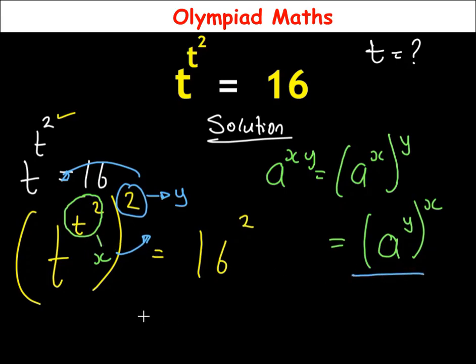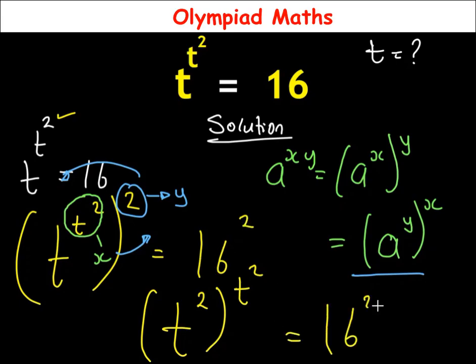So that will become, in brackets, t to power 2, which is y, will go inside. That will become power 2. Then t raised to power 2, which is x, will go outside. That is equal to 16 squared.